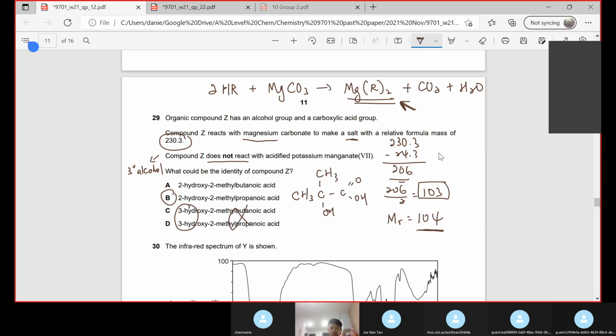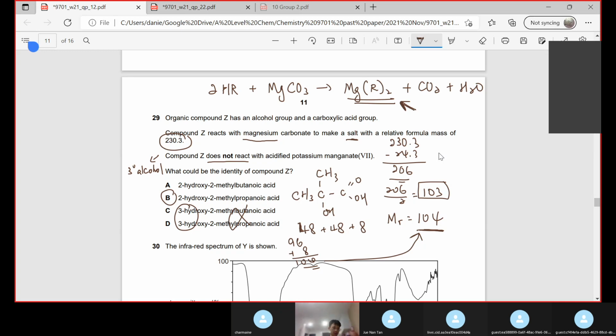We will have 1, 2, 3, 4 carbon, so 48. Then 3 oxygen, 3 times 16 is 48. Then hydrogen 8. So 96 plus 8, we get 104, which matches what we calculated just now. So the answer is B, not A.